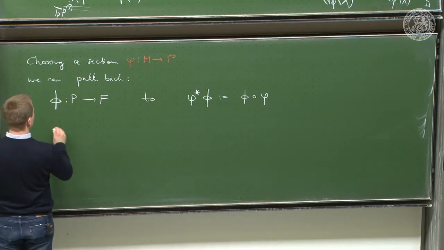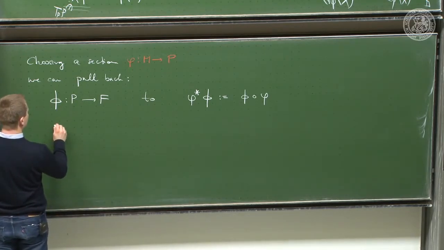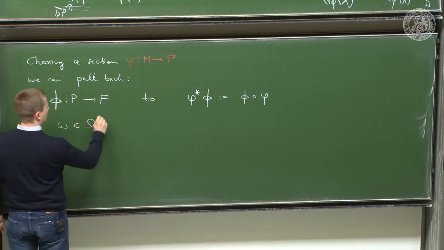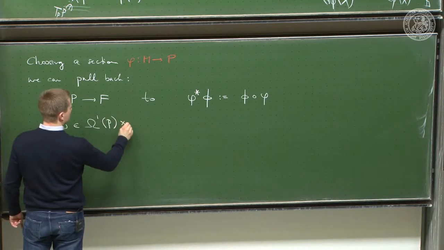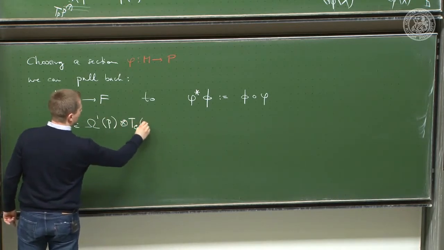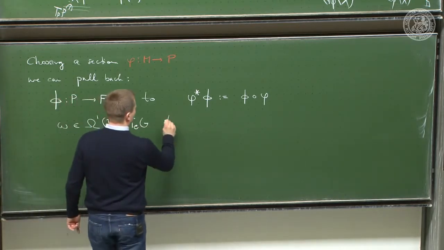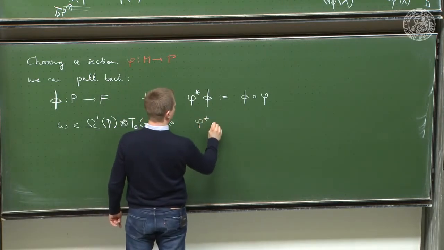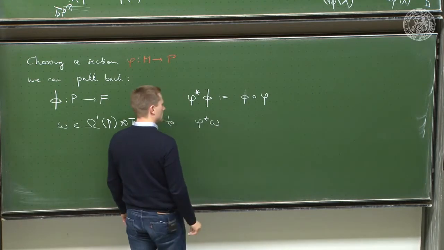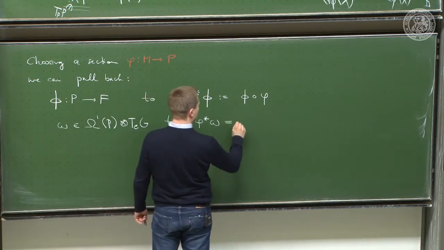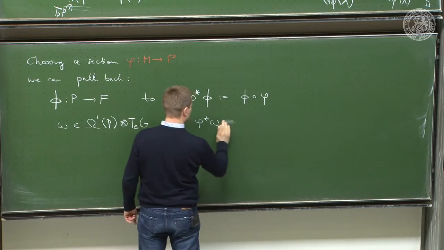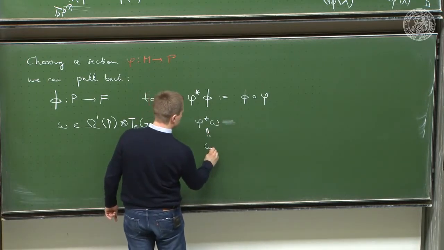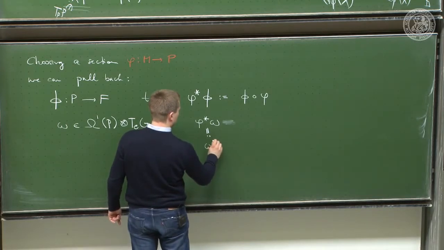We can also take the omega. What is the omega? The omega is a one form on the principal bundle that's Lie algebra valued. We can pull that one back to phi star omega, and we already have a name for this. Phi star omega, we called this the Yang-Mills field.